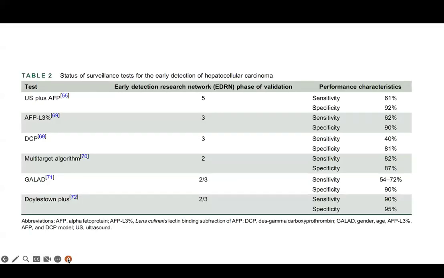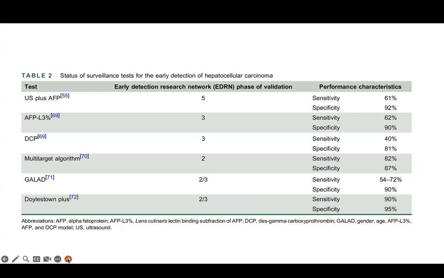Now, there are other biomarkers. So this is a list from the AASLD guidelines looking at alpha-fetoprotein L3. This is a more immature lens 3 form of alpha-fetoprotein. DCP, which has been sometimes linked to tumor thrombus in the portal vein, but this is another tumor marker that's often added to panels.